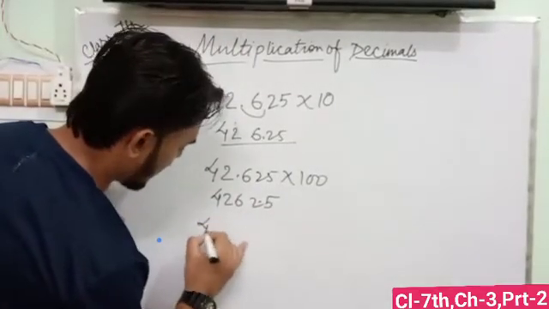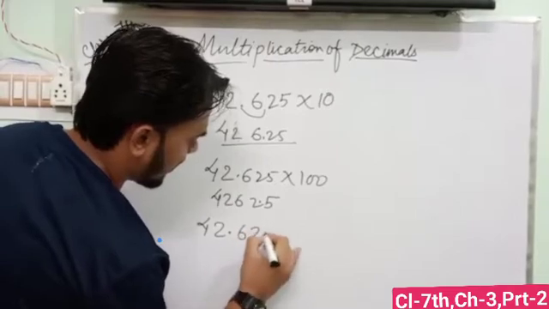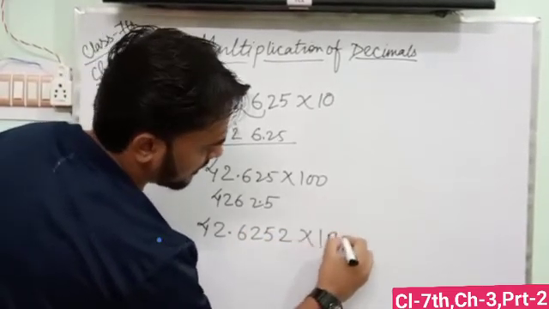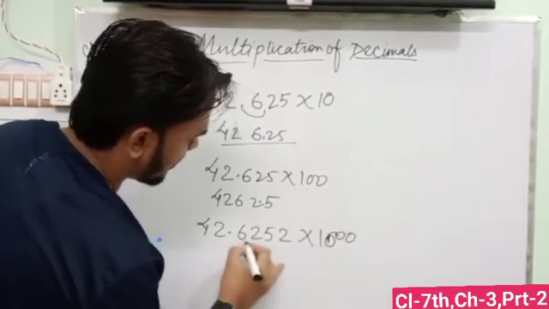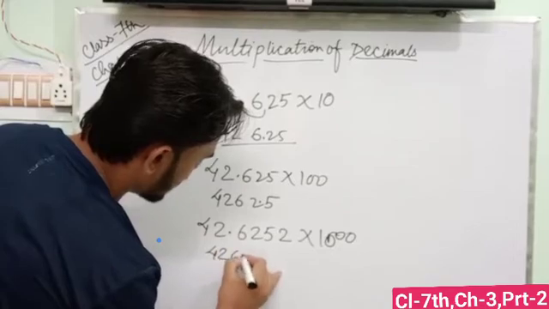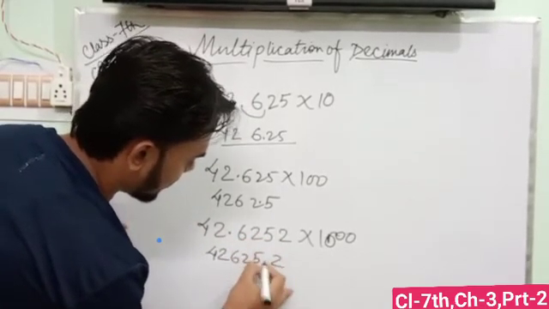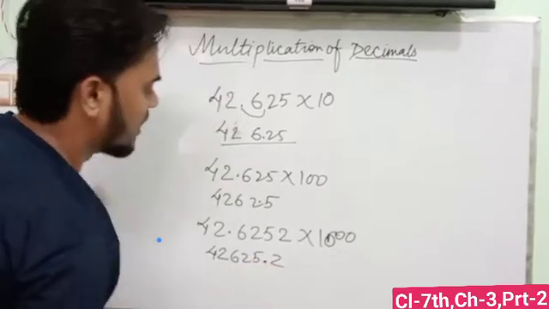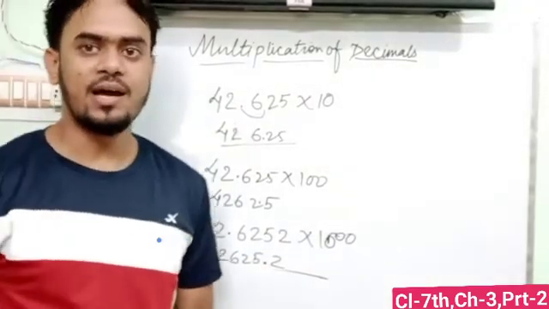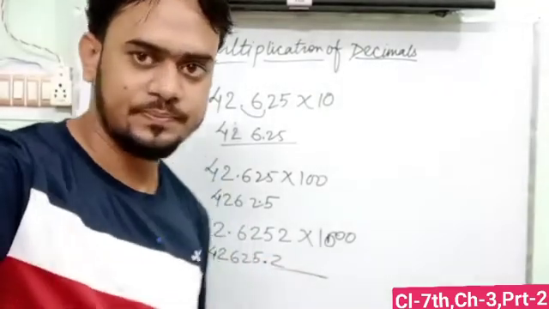When we multiply any decimal number by 1000, it shifts 3 places to the right, so 42.625 becomes 42625. So this is the rule for multiplying a decimal number by 10, 100 or 1000.